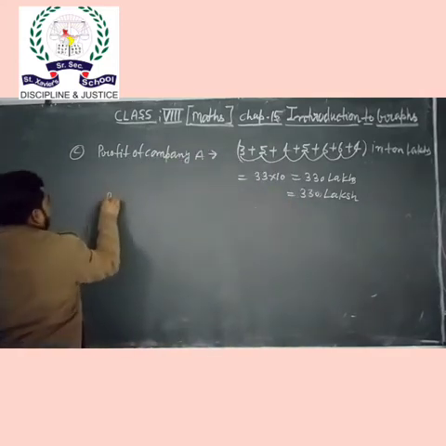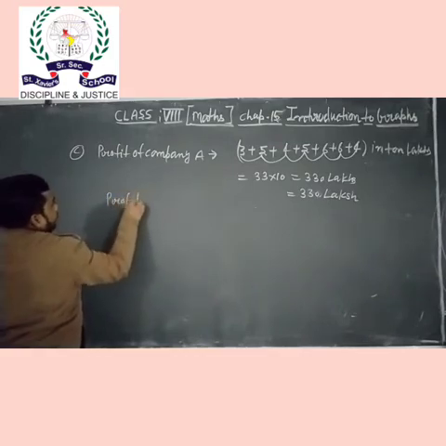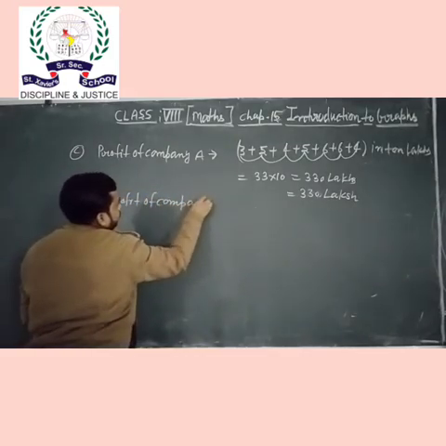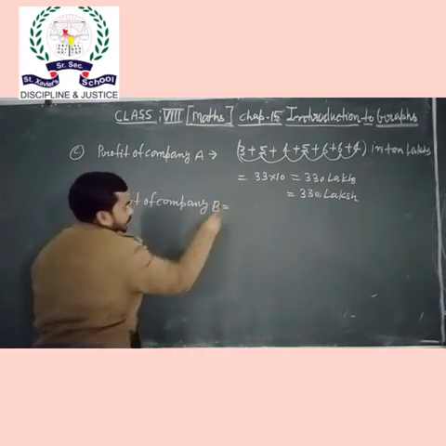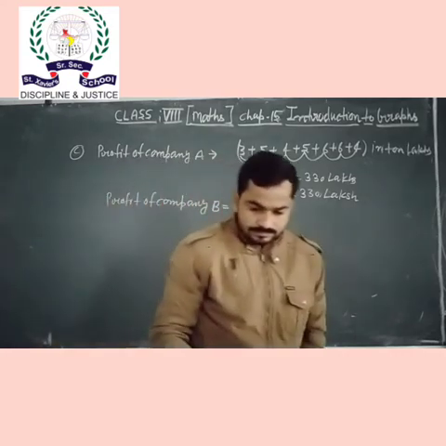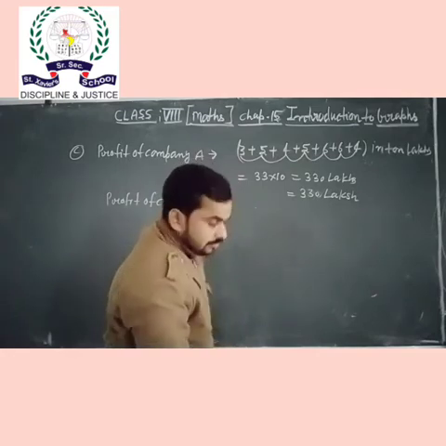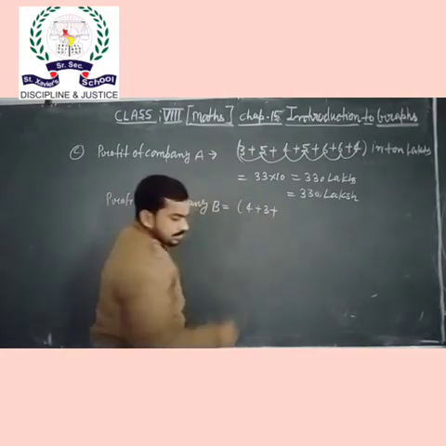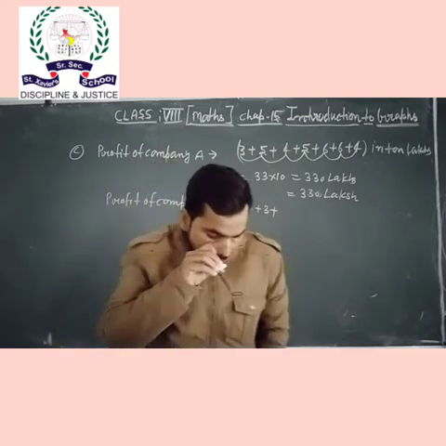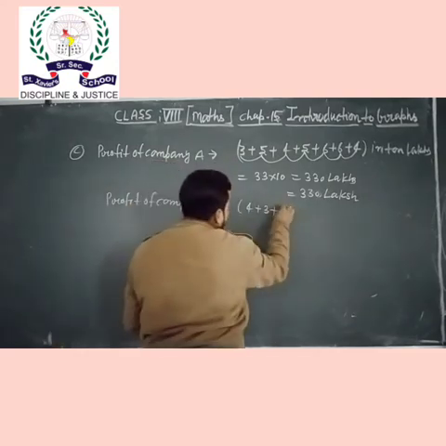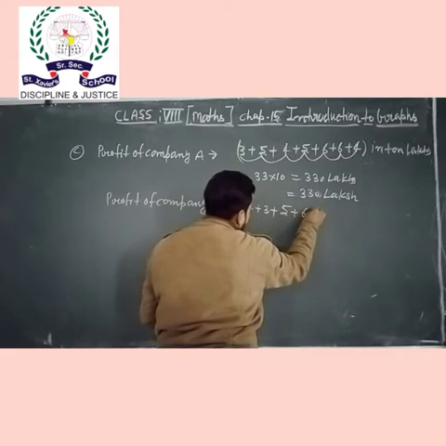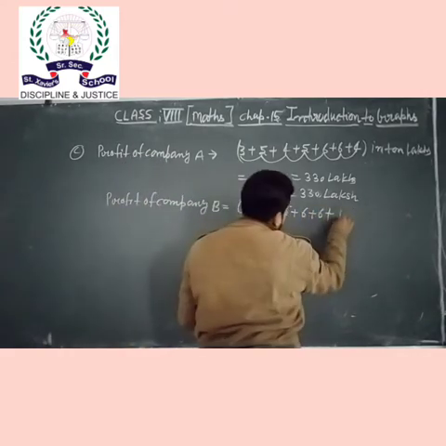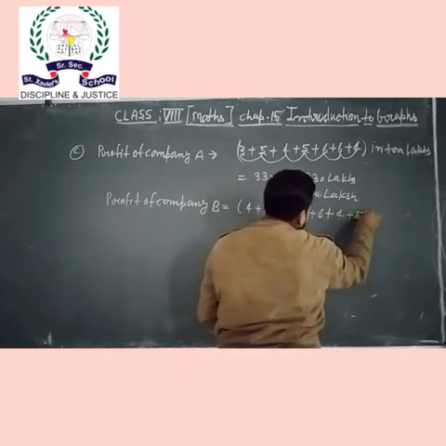And the profit of company B: 40 lakh, 30 lakh, plus 50 lakh plus 60 lakh plus 60 lakh plus 40 lakh plus 50 lakh.